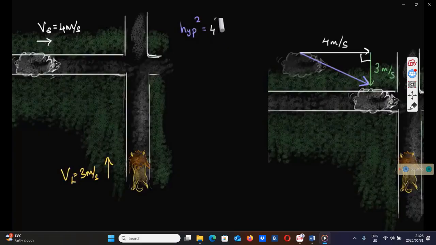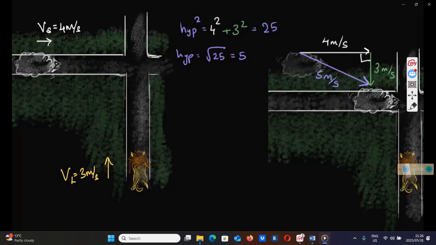So that should be equal to 4 squared plus 3 squared. And that gives us 16 plus 9, which is 25. Or the hypotenuse turns out to be the square root of 25, which is just 5. Which means this length is 5 meters, and this happened in 1 second, right? So we could say it's 5 meters per second.